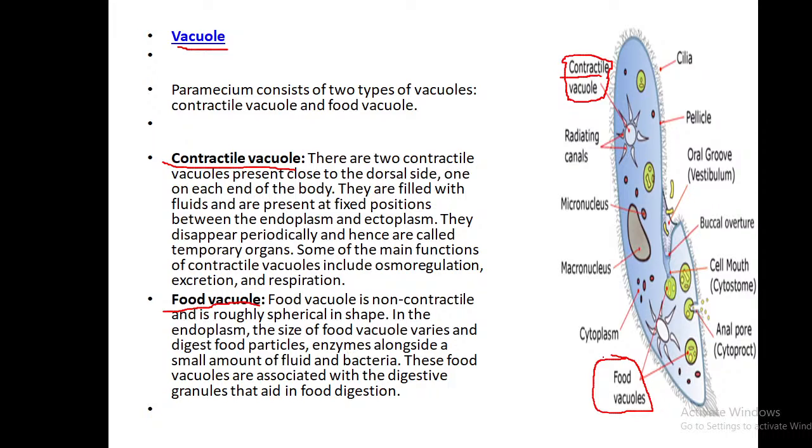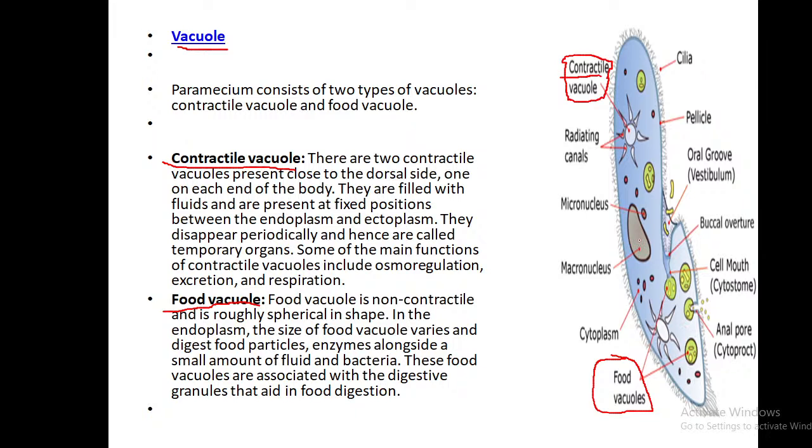So the first is contractile vacuoles. The contractile vacuoles are almost found towards the dorsal side. Hope you remember the mouth, I have told you. Our food vacuoles are seen on the ventral lateral side. Food vacuoles are usually seen on this side, towards the ventral side.